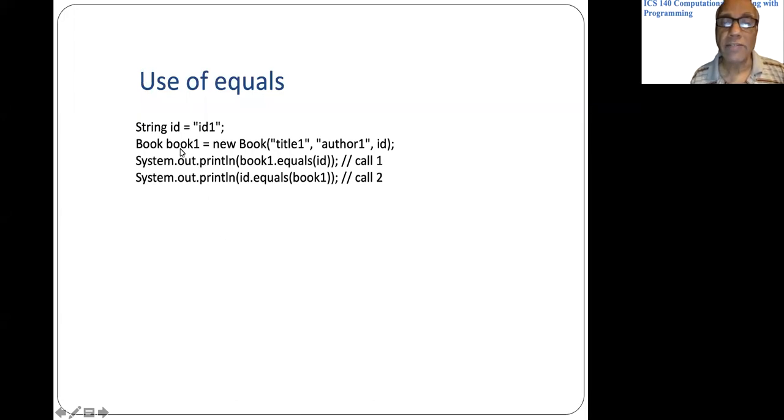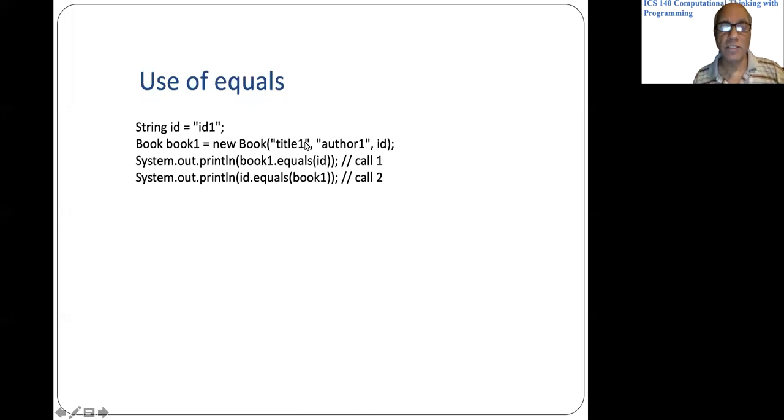When you have a Book class, you should not write the equals method so that the book is equal to a string. For example, if ID is a string, as is the case here, this should not return true, because book is a Book object and ID is a String object.